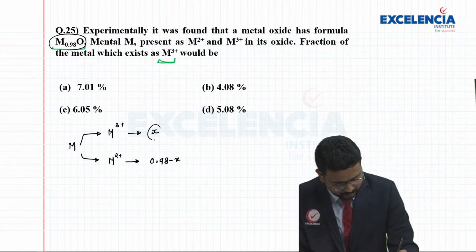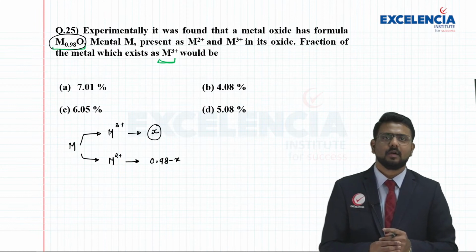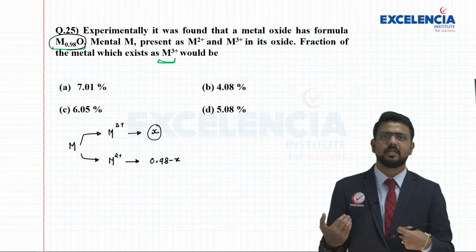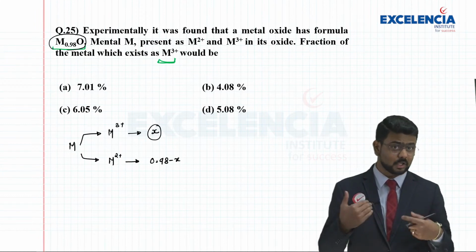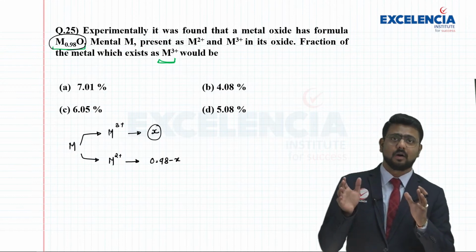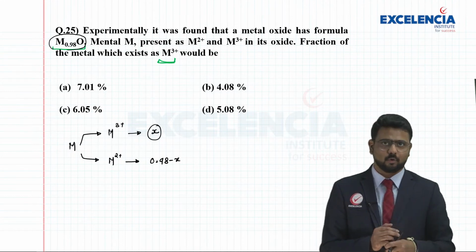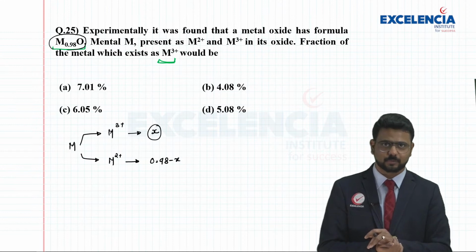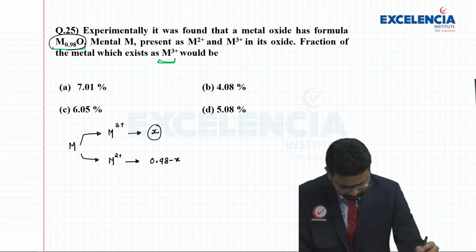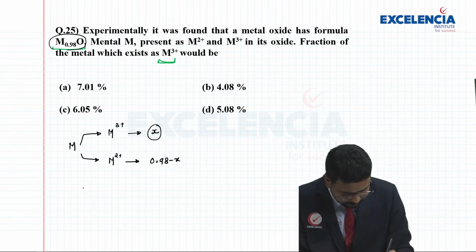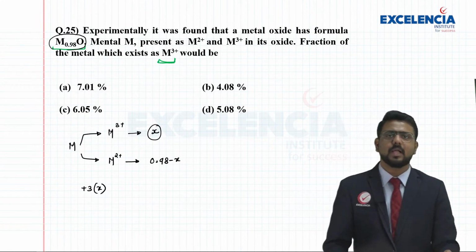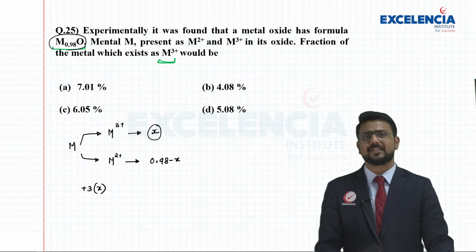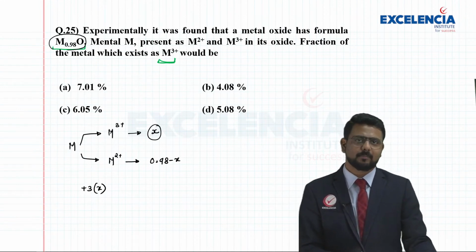So now if I want to find the value for X here, let us first of all write the oxidation numbers of these or total charge present in this particular compound and equate it to 0, because it is electrically neutral as such. So for M3+, we can say it is +3 times X, yes or no? Because +3 is the total charge which is present on one single M3+ ion.